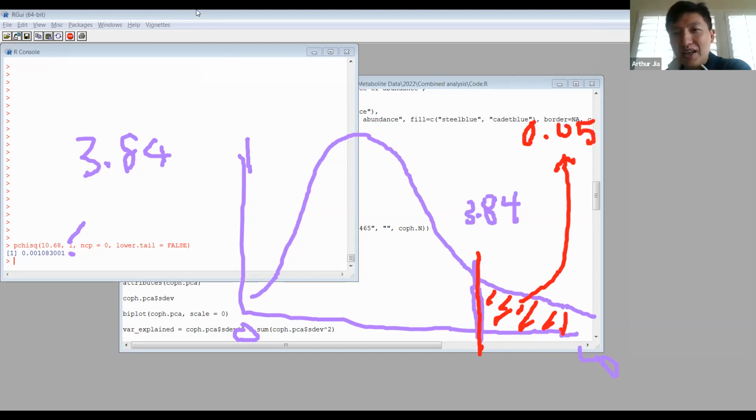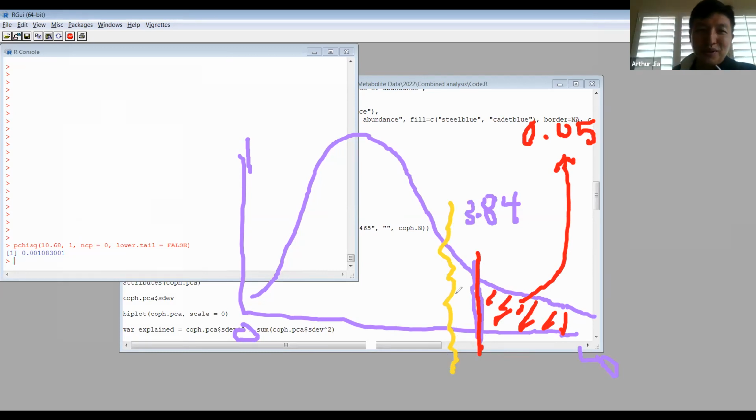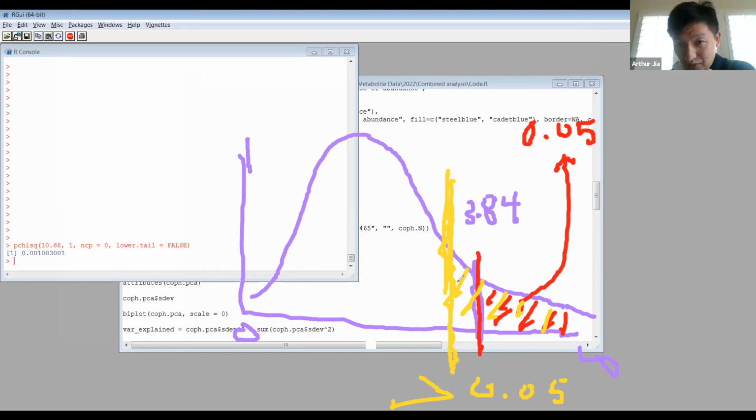Which means anything smaller than this, for example if you got a test statistic smaller than it, then the p-value will be greater than 0.05, right? Because when you calculate the p-value for this statistic, you have to calculate the area under the curve on the right-hand side, and this area will be greater than this area. Do you agree?